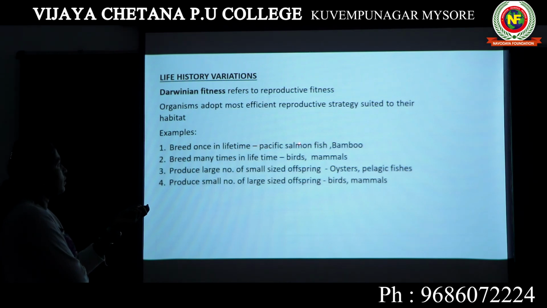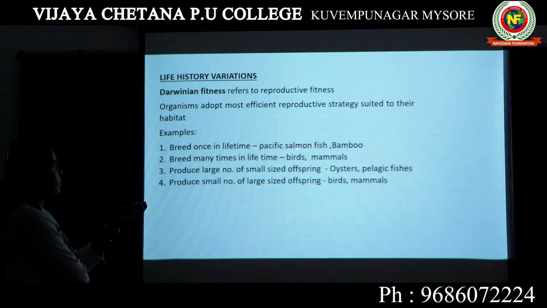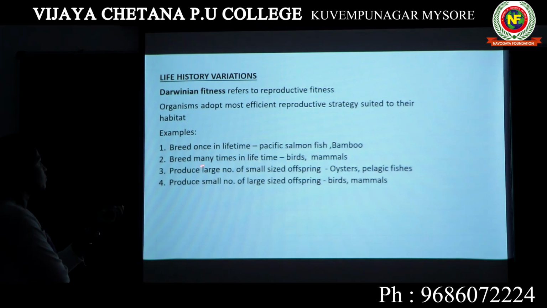Example: Pacific salmon fish and bamboo. They are the organisms who will breed once in a lifetime. There are organisms who will breed many times in a lifetime. Birds and mammals are the examples.